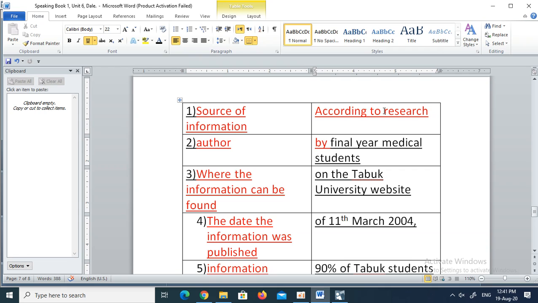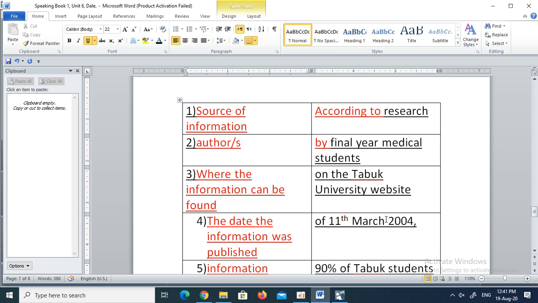So I can say, according to research, and now I am naming the research as the source of my information. And in this case, there are several authors, and the people who did the research were the final year medical students.